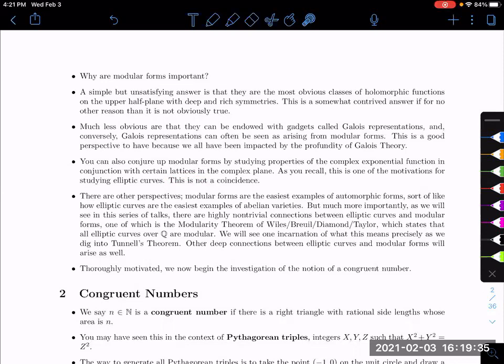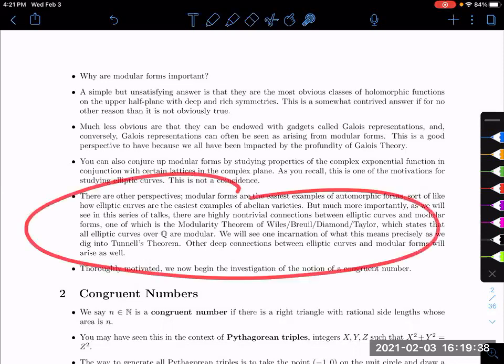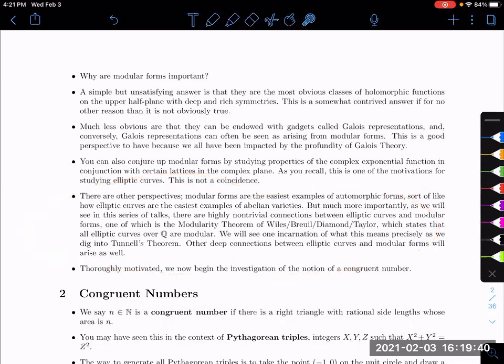And this leads me to my last motivational point, which is that the reasons to study modular forms are sort of parallel with the reasons to study elliptic curves because they're so tightly interconnected. Okay, so for example, I told you that elliptic curves are the easiest examples of things called abelian varieties. Modular forms are also the easiest examples of a certain class of functions called automorphic forms.